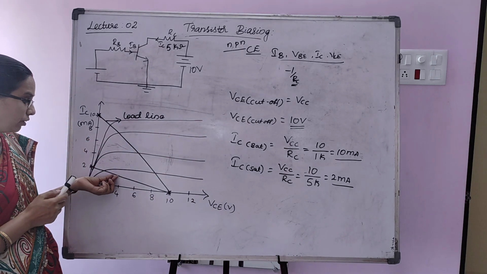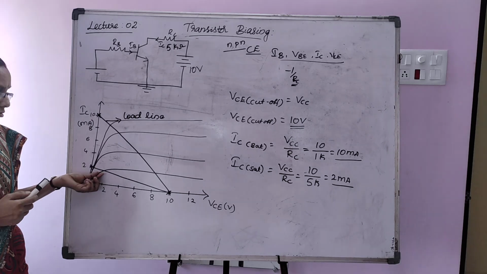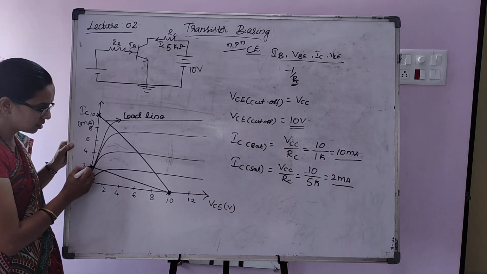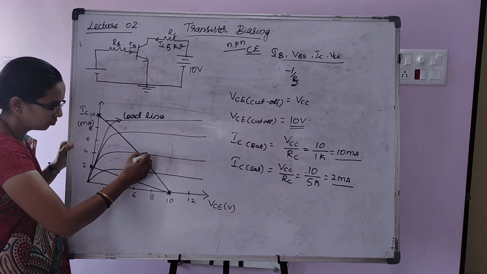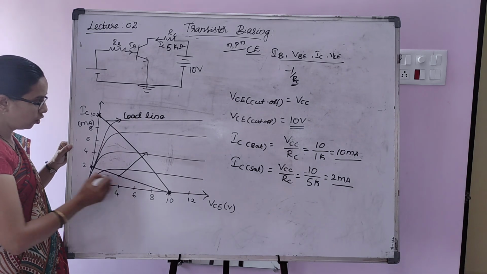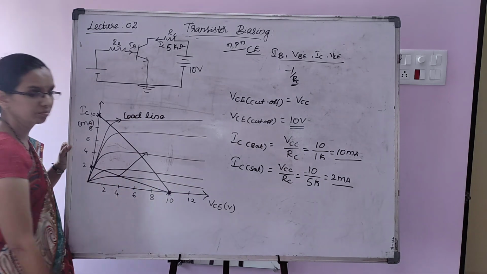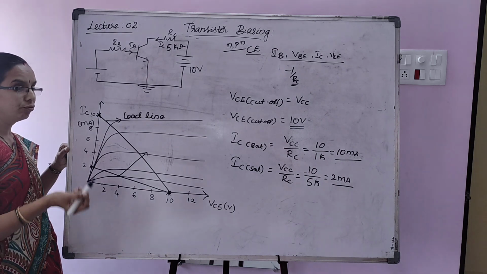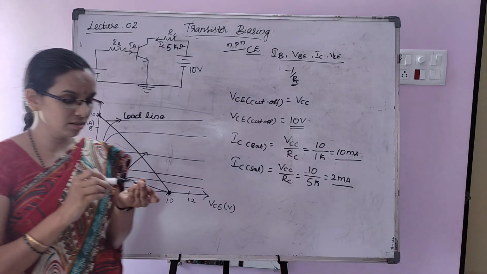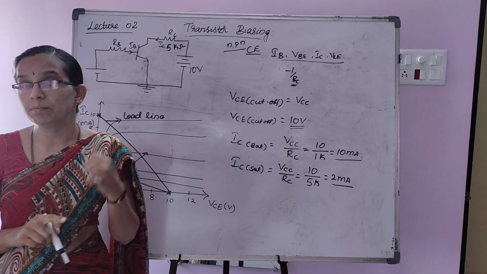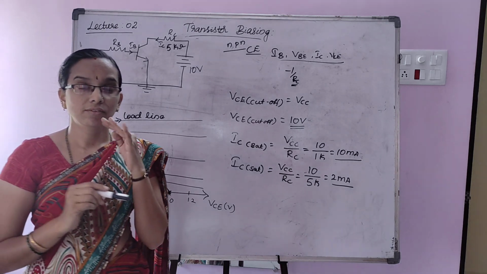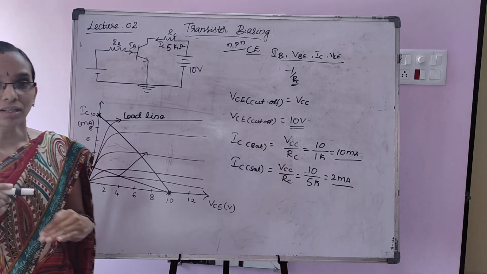The DC load line for the second circuit is almost near the cutoff region. Depending on the application, whether the transistor has to work as an amplifier or a switch, we will decide where to draw the DC load line.